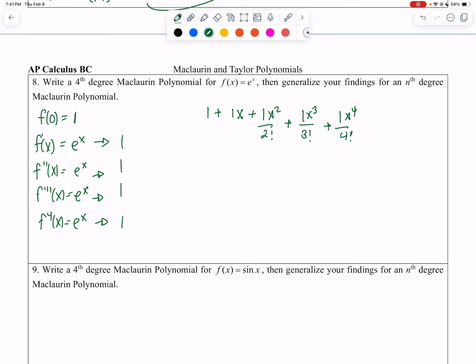If I continue doing this, then my nth degree is going to have x to the n over n factorial. So this one is also another one that you will need to memorize in terms of the Maclaurin polynomial of e to the x. So that's going to be 1 plus x plus x squared over 2 factorial, x cubed over 3 factorial, x to the 4th over 4 factorial, and then x to the n over n factorial.